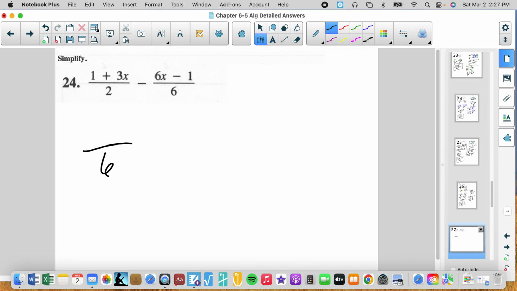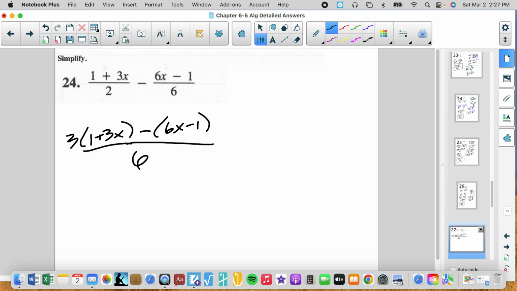Common denominator is 6, so I'm going to multiply the 3 times 1 plus 3x. And then this, I'm going to do minus the quantity 6x minus 1, all over 6. I don't know if you saw how you can do that.